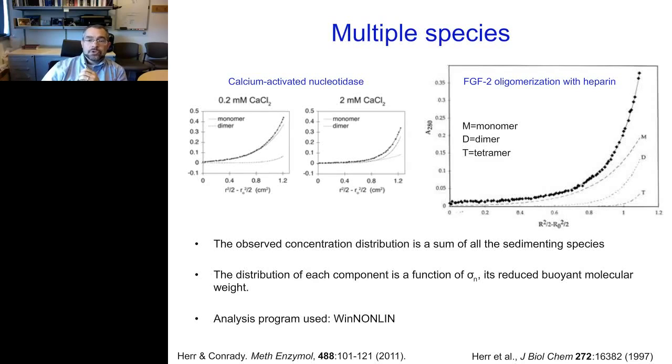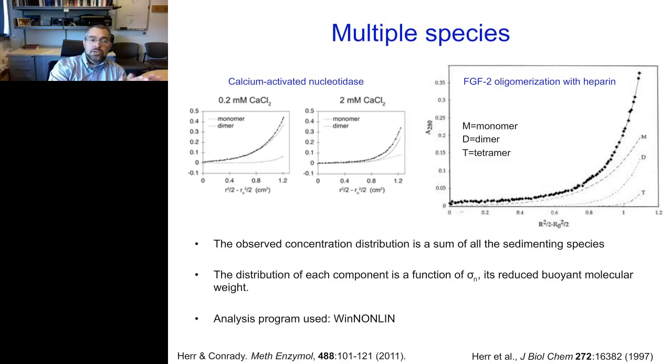So this is an example shown from some early work in my lab, actually my thesis work, with FGF on the right-hand side, and you can see that the observed data in diamonds can be deconvoluted into the components, which in this case were monomer and dimer and tetramer, and so we can actually pull out the concentrations of these components.